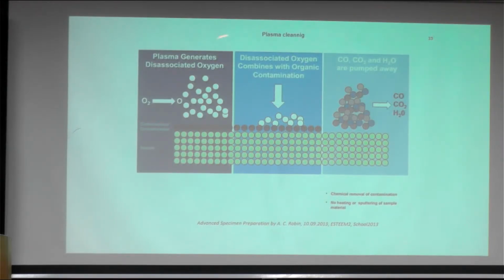If you have a plasma consisting, for example, of argon, or argon and oxygen, or hydrogen and oxygen, then it can knock off carbon complexes from the surface of your specimen, and they go into the plasma cleaner. You can also remove H2O and CO2 complexes from the specimen holder and from the specimen itself.